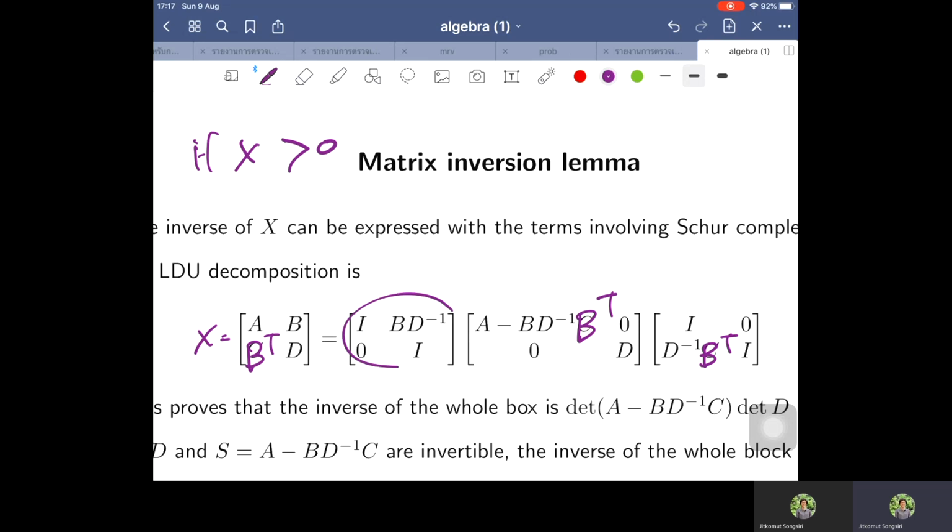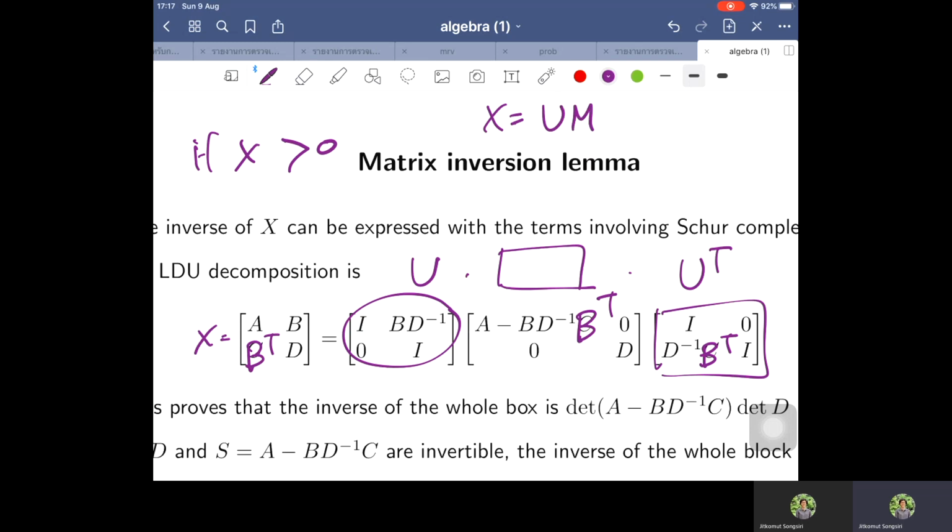Suppose you call this guy U, and of course, this is U transpose, and you have some matrix M here. This is a form of X equals U M U transpose. So if X is positive definite, since the determinant of U is 1, which means U is invertible, X is positive definite if and only if M is positive definite.